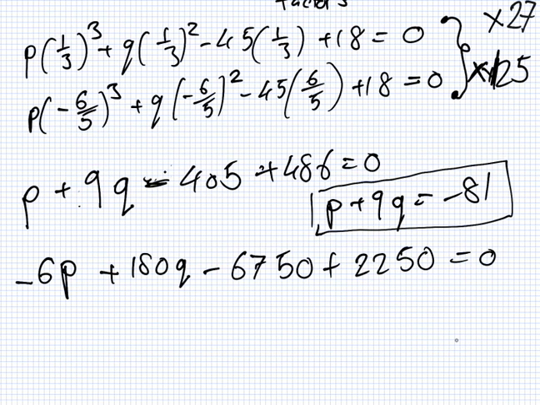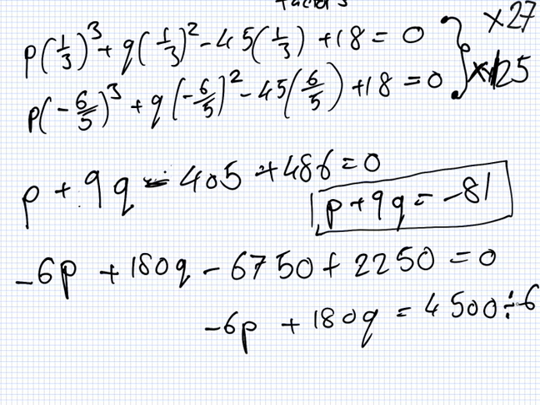Okay. 6750 minus 2250. So I get minus 6p plus 180q equals 4500. Now that's actually nice because I can divide this by 6 and I'm left with minus p plus 30q equals 750.